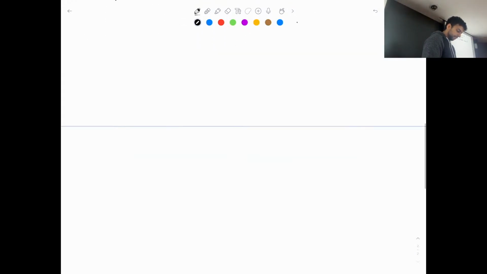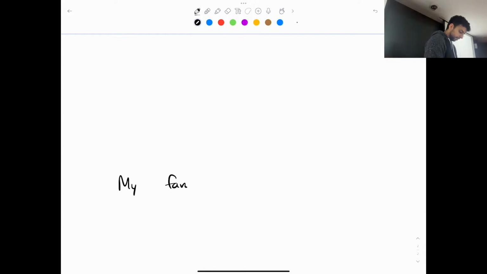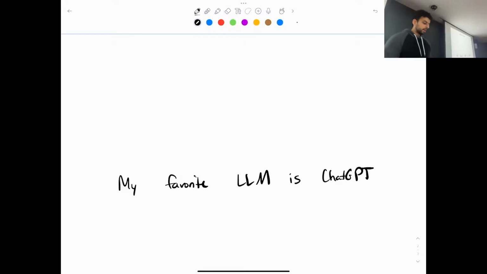Okay, maybe I'll go down here. Let's take our running example: My favorite LLM is ChatGPT. In normal language model training, I would just encode all of these into embeddings and then pass them into my transformer. But remember, I can't do next word prediction in an encoder.